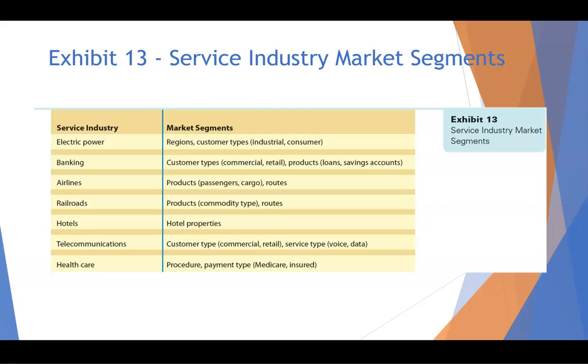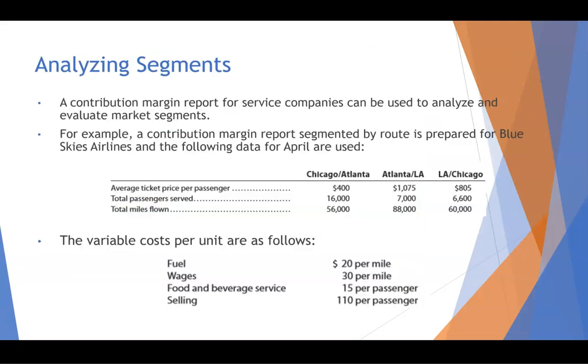Hotels may be the type of properties. Telecommunications could be customer types or service types, and then healthcare could be various types of procedures or payments. So a contribution margin report for service companies can look at various market segments.